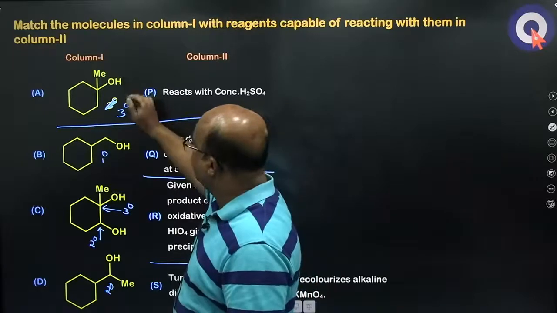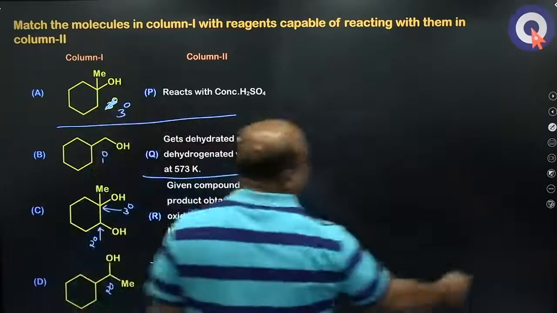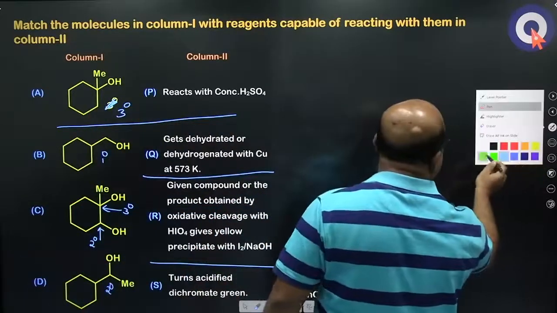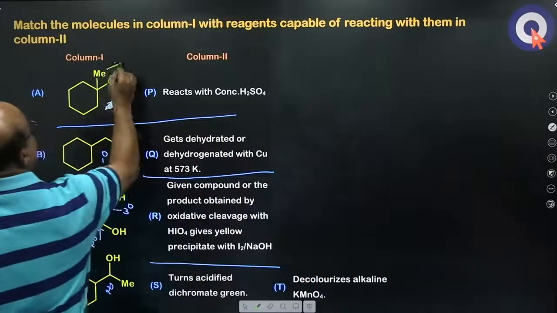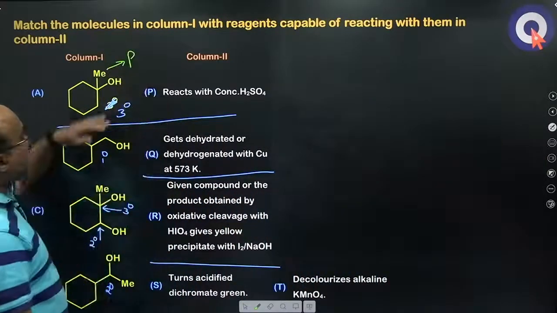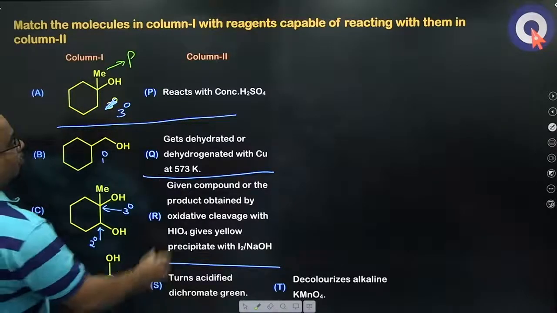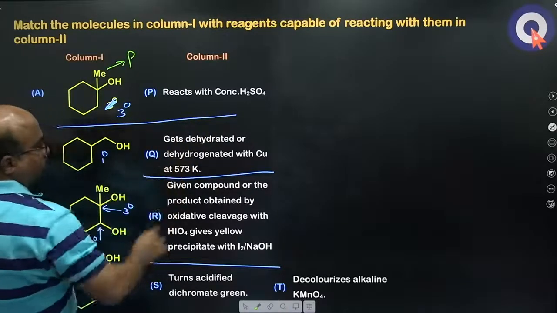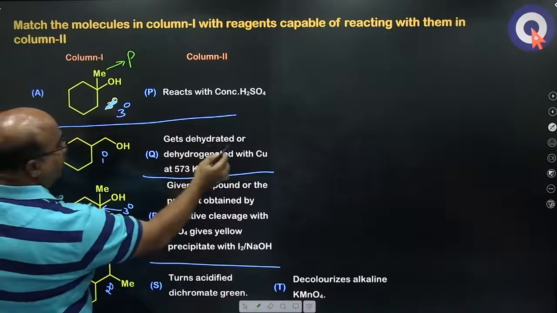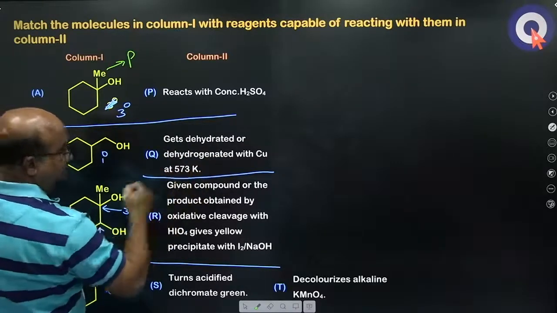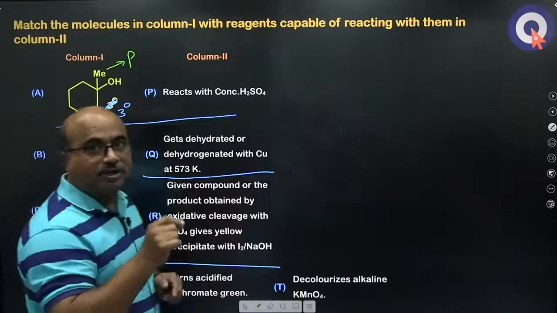So the first one you can say is P. Just apply all this with respect to this first. So it reacts with concentrated H2SO4. Okay, it gets dehydrated or dehydrogenated with copper. We have a specific reaction with copper.